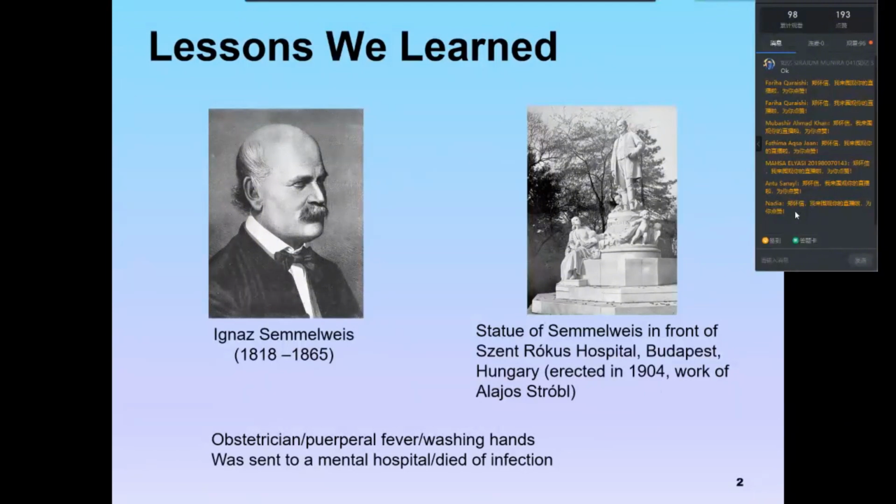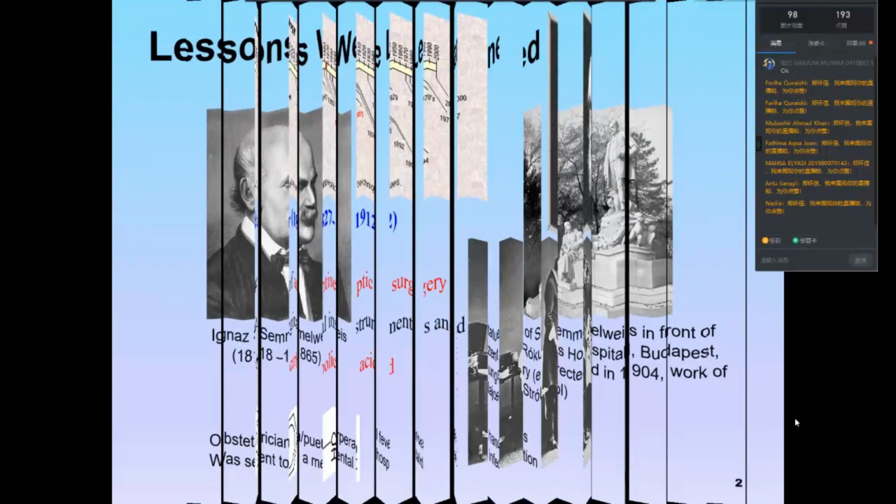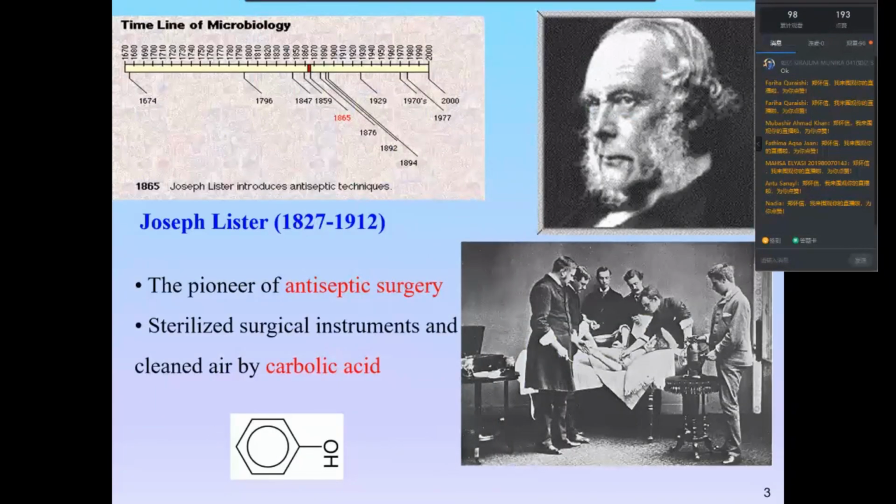So next guy we are familiar with, his name is Joseph Lister. In our first lecture talking about the history of microbiology, we mentioned him. Joseph Lister was a doctor in Britain, a British doctor, a surgeon.